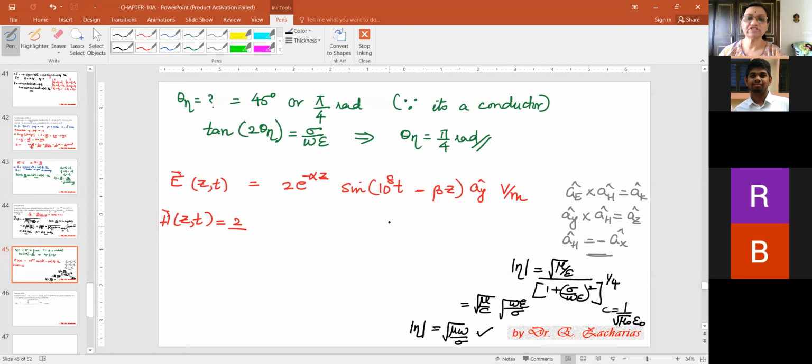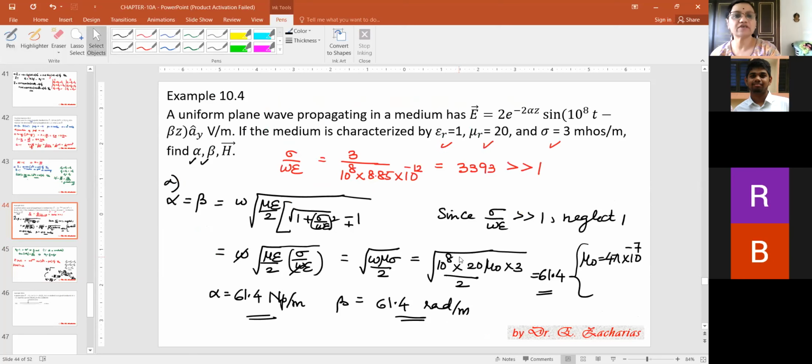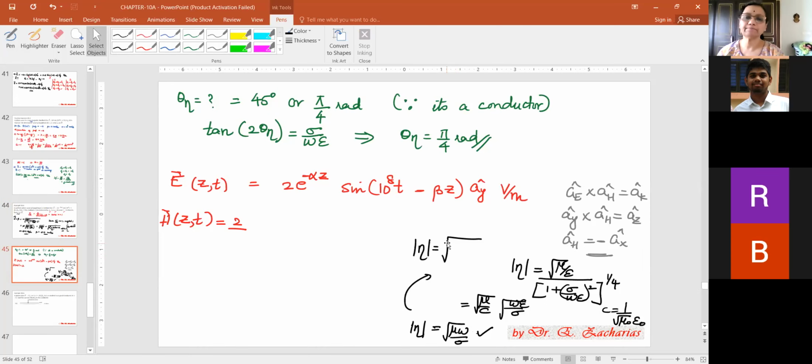So modulus of eta, if I calculate by substituting, what is my mu? Mu is 20 mu naught, because mu r is 20.